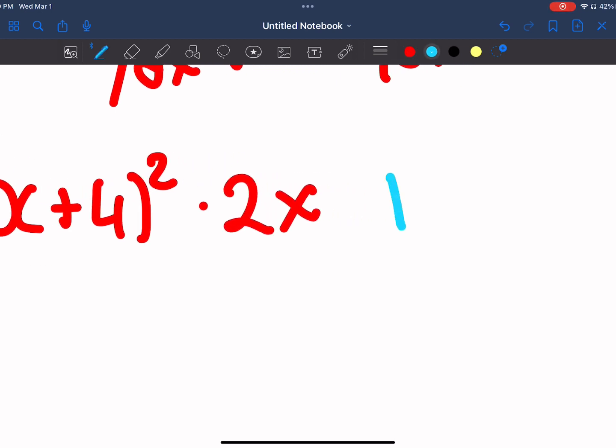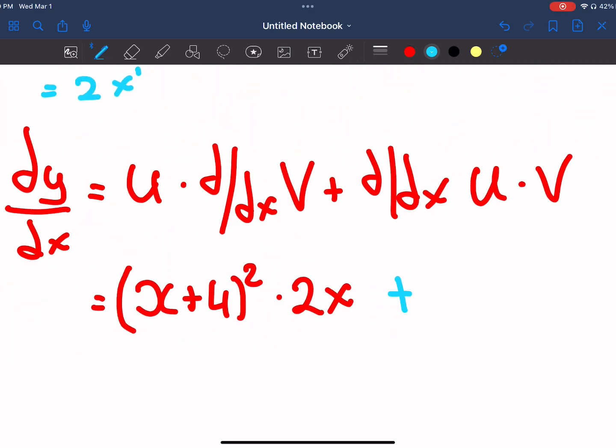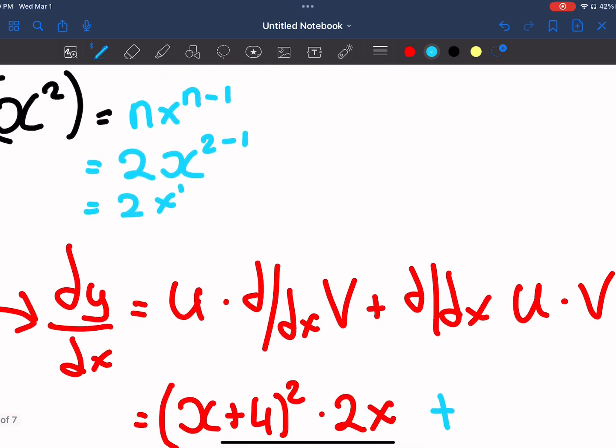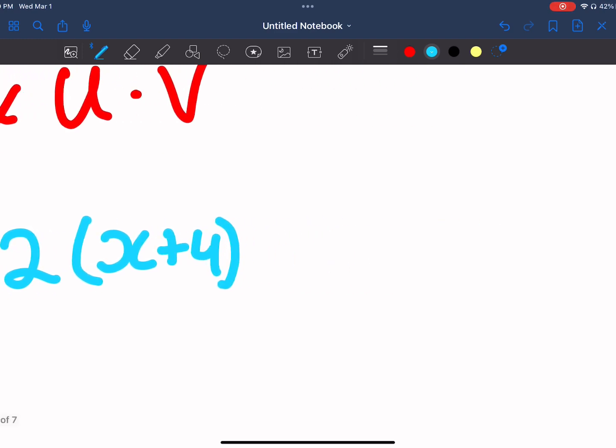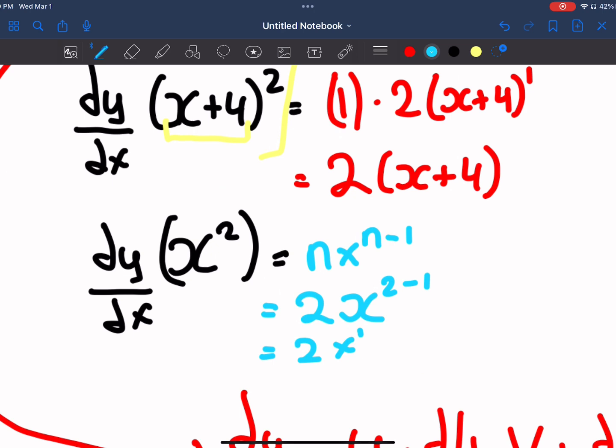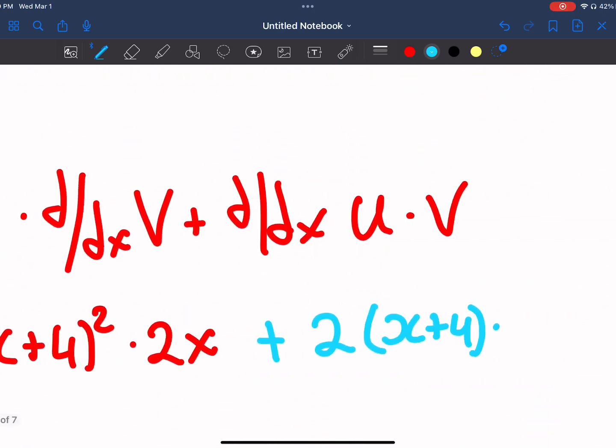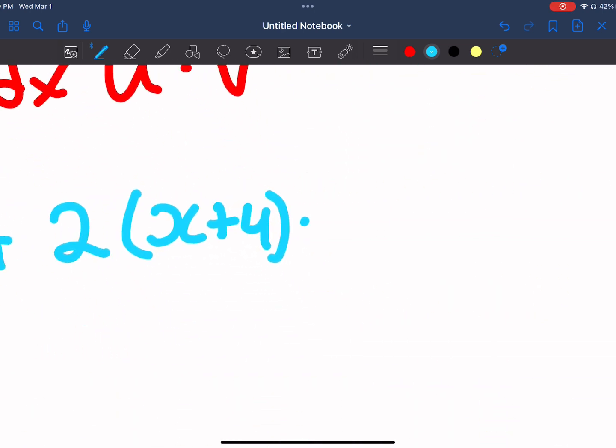And then we'll add it. So that's u times the derivative of v plus the derivative of u, which we found to be 2 times x plus 4, and we'll multiply it by v, which is x squared.